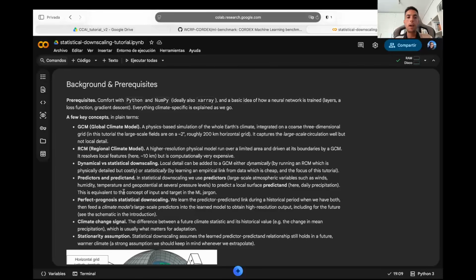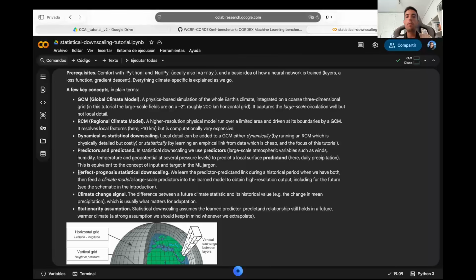Another aspect I would like to mention is perfect prognosis statistical downscaling. Perfect prognosis statistical downscaling is a branch within statistical downscaling which defines how we train the statistical model to go from the coarse resolution, the low resolution of GCMs, to the high resolution that we aim to get, the high resolution that we need.